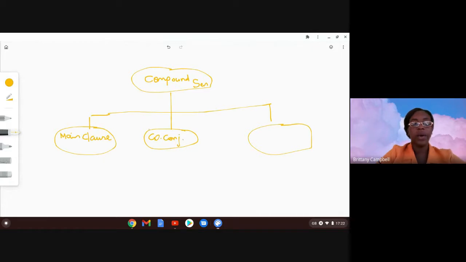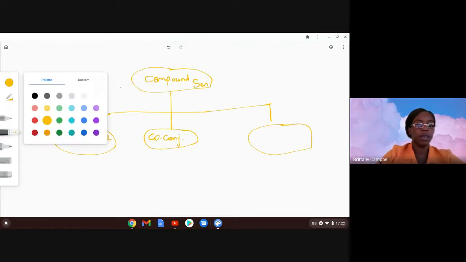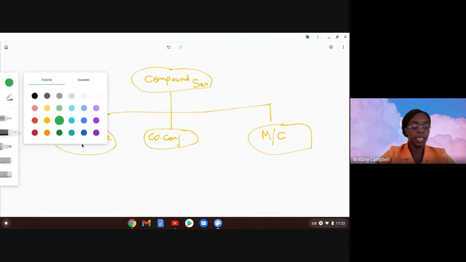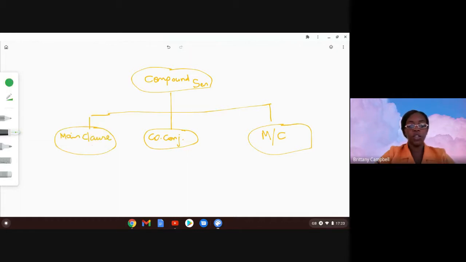You can go ahead and spell out the words for me. And again, we have another main clause. So in other words, this is a simple sentence joined by a conjunction and another simple sentence.